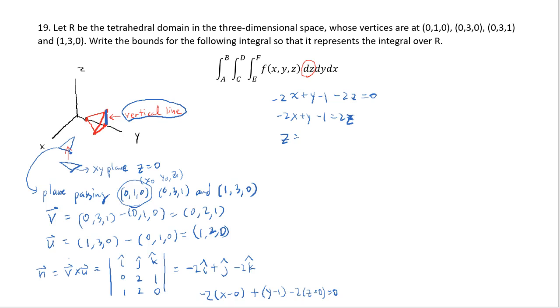If you divide by 2, z equals negative x plus 1/2 y minus 1/2. Okay, so that's the plane on the top.